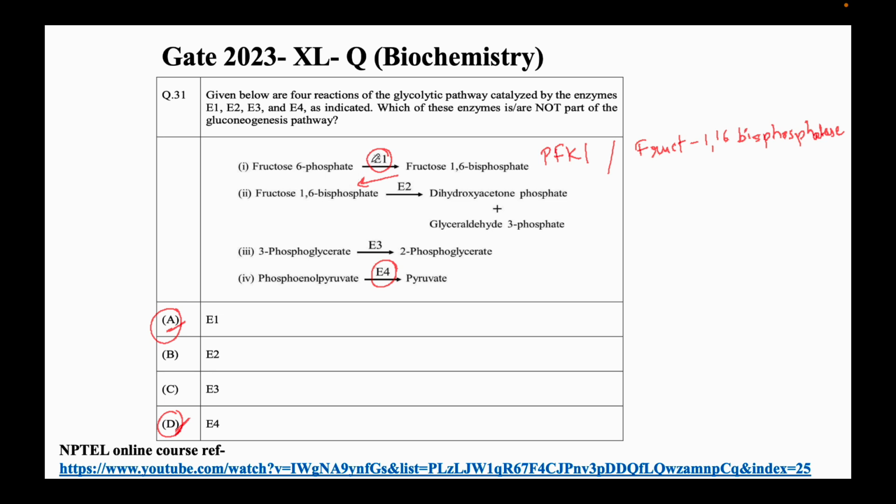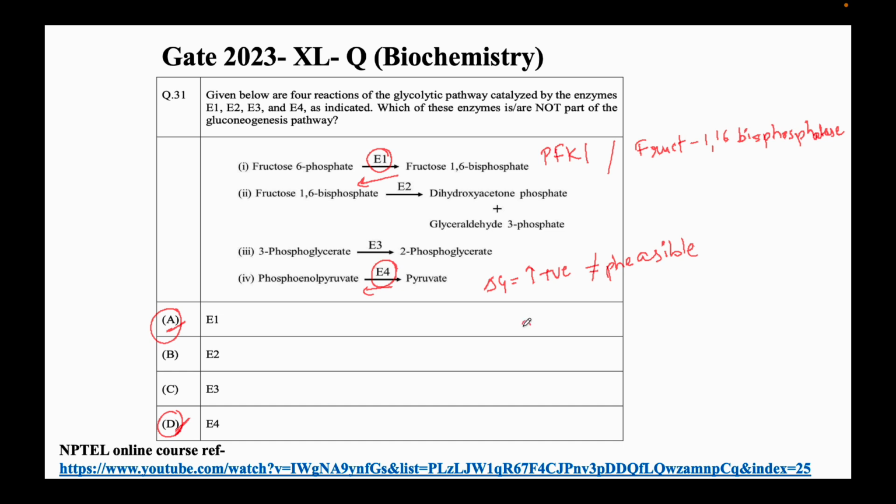In glycolysis, E1 is present and E4 is present, but during the gluconeogenesis pathway, these enzymes cannot catalyze the backward reaction, for example from pyruvate to phosphoenolpyruvate. Why? Because delta G is positive, and hence it is not feasible.